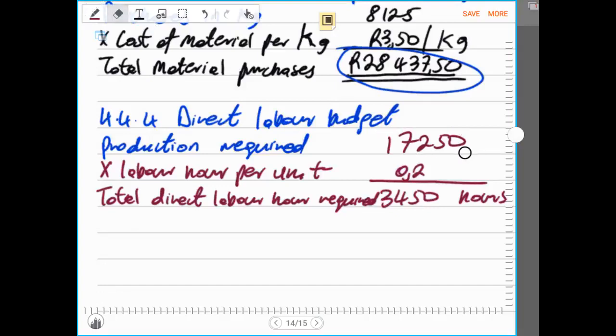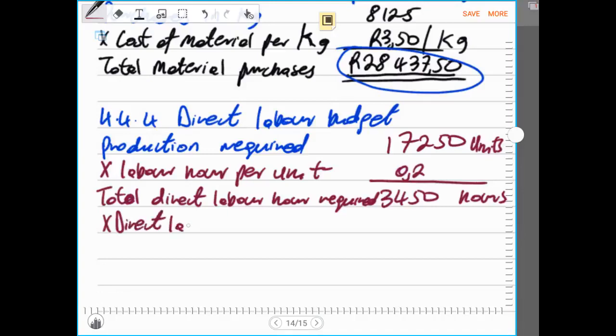Remember, 17,250 is units, and these are hours that are required to manufacture them. Then after, we have to multiply by the rate so that we get the total cost of direct labor to manufacture this product. Then we say multiply by direct labor rate per hour.